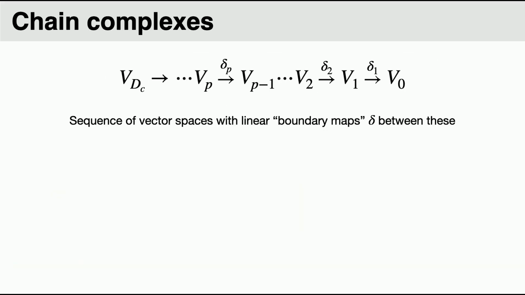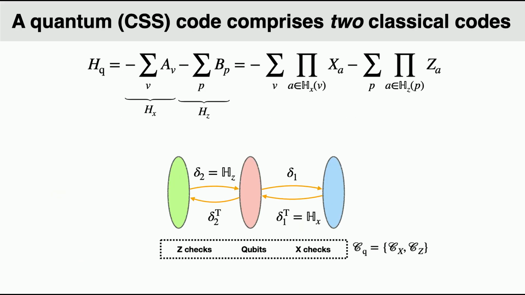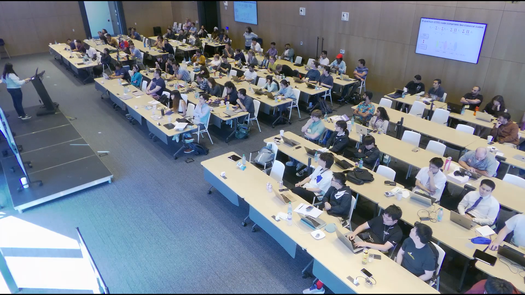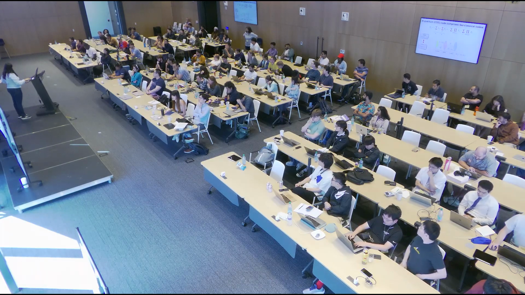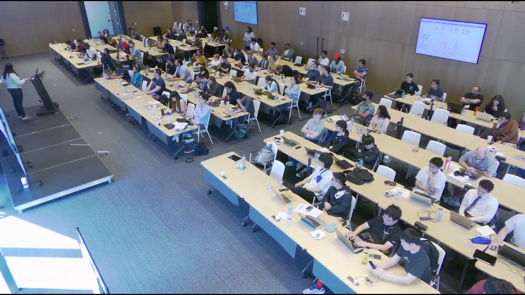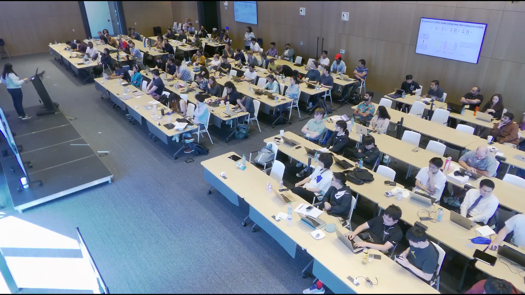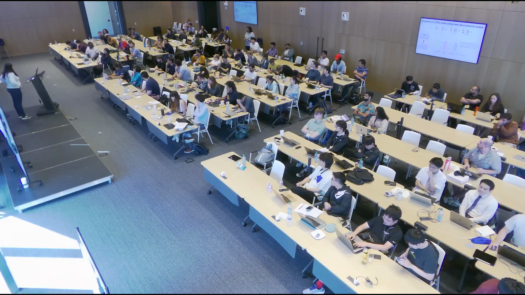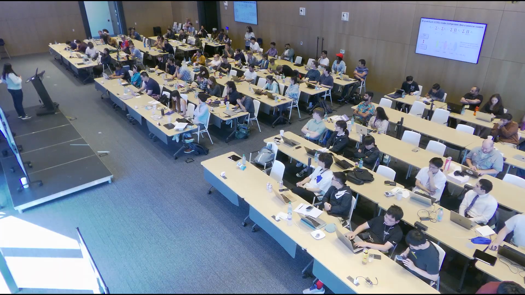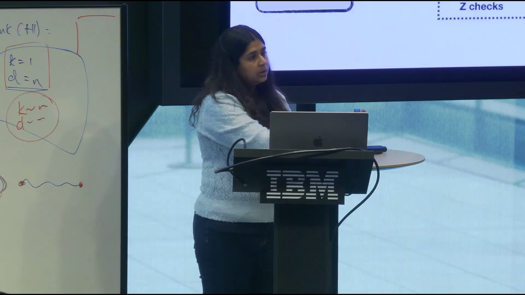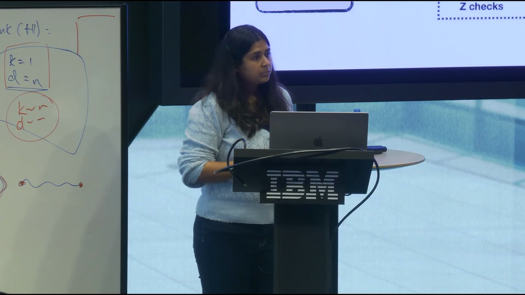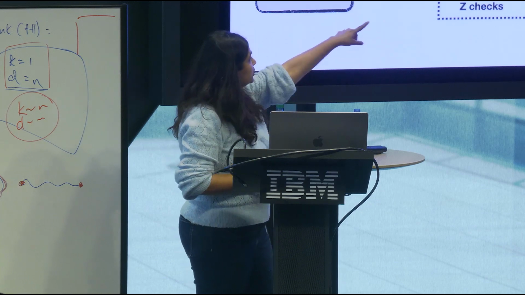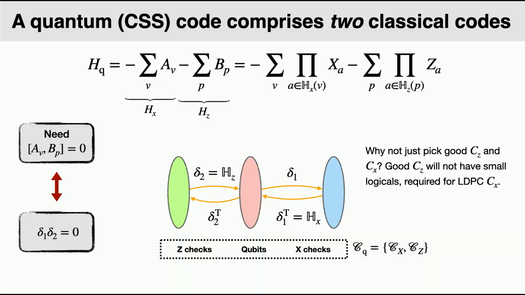Sorry, could I ask a quick question? So if you choose CX and CZ to be the same, it corresponds to a weakly self-dual CSS code. So it would still satisfy the duality condition. So why does that not work? If you choose CX to be sparse, it's corresponding to a classical LDPC code. No, but if you choose CX to be good, so remember, you can write the parity check matrix, but in one case you're going to put X's in all the ones, in the other case you're going to put Z's in all the ones.